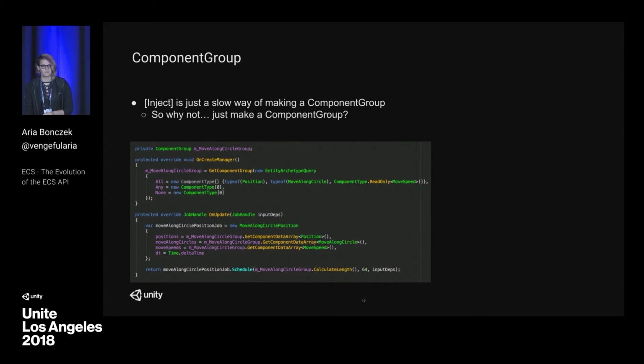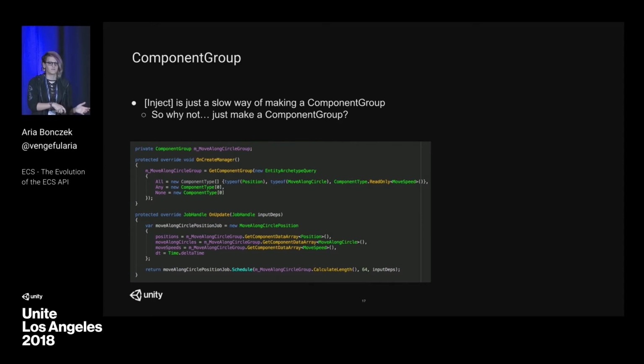So is there a better way that we could do this? Well, it turns out that if you follow all of that code, Inject is just a pretty slow way of making something called a component group, which is essentially an explicit group of archetypes based on some kind of query, some set of component types that you want to match for all of those archetypes. And the inject keyword just tries to create one of these things every single frame.